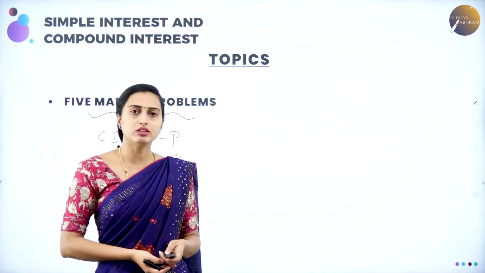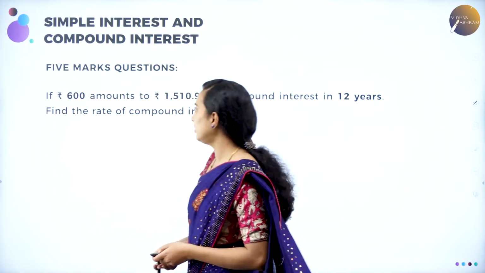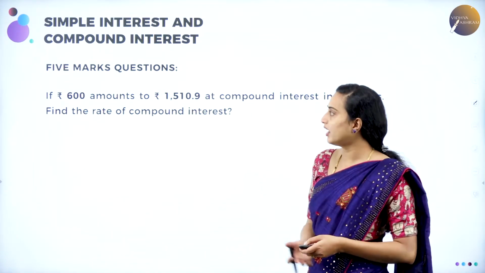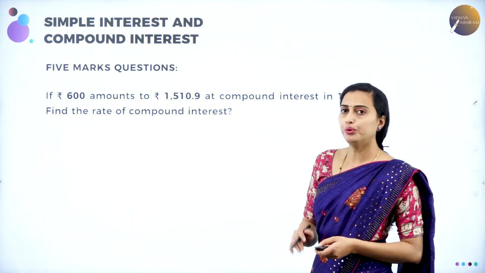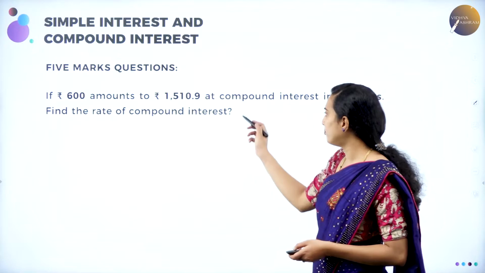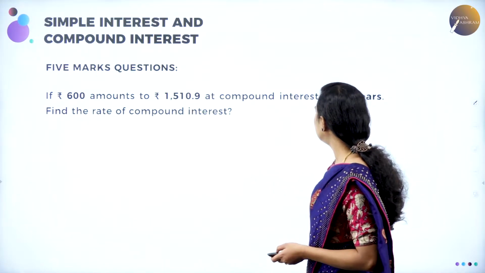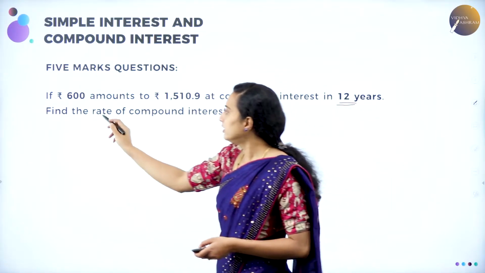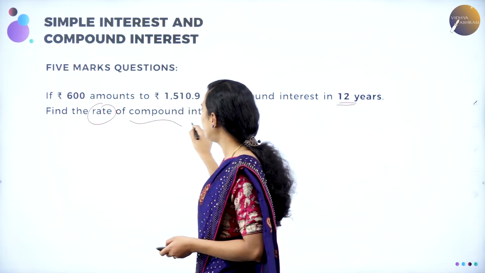So let us look into the problem. What do we have? If 600 amounts to 1510.9 at compound interest in 12 years, find the rate of compound interest.